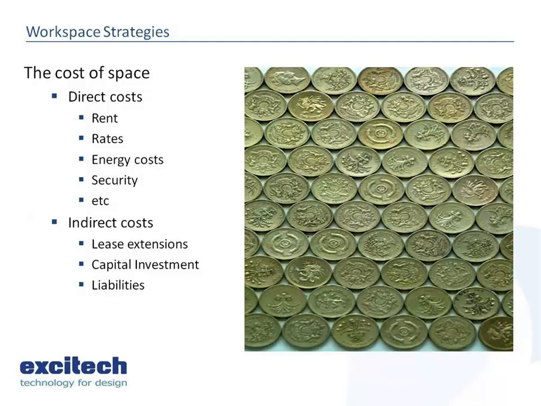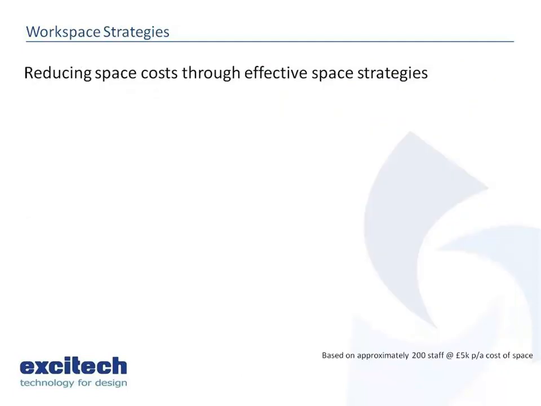So where a property is held under lease, then there'll be an obligation on the business to continue that lease for the duration of the lease, even if they no longer require the building. So all space and all buildings that companies and organisations use come with costs and liabilities.